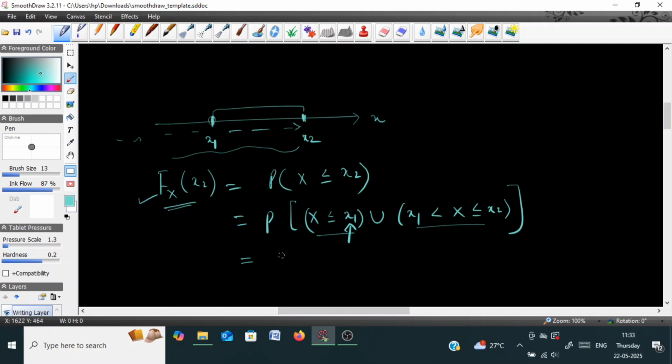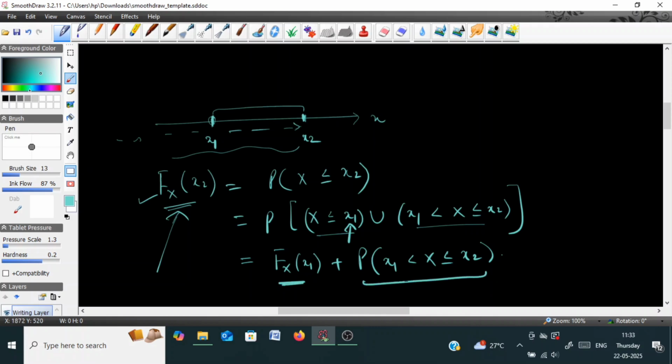So this is F_X(x1) plus the probability of x1 less than X less than or equal to x2. So F_X(x2) is F_X(x1) plus this probability, and since this probability is always non-negative, F_X(x2) is always greater than or equal to F_X(x1).